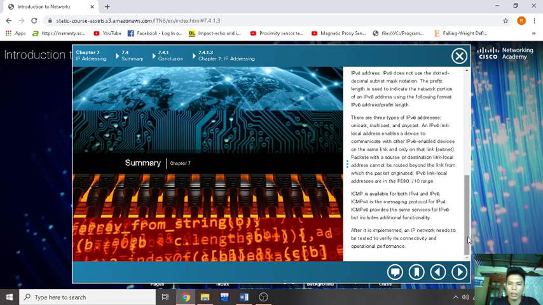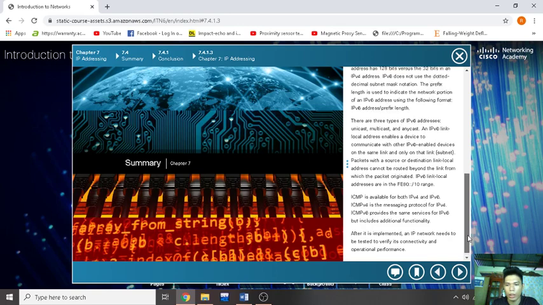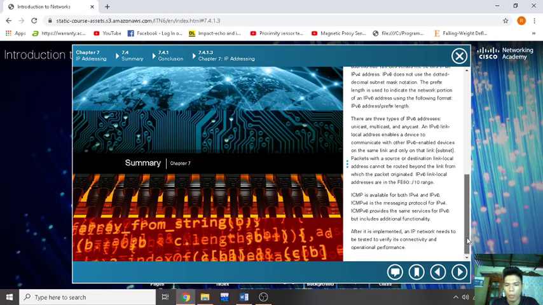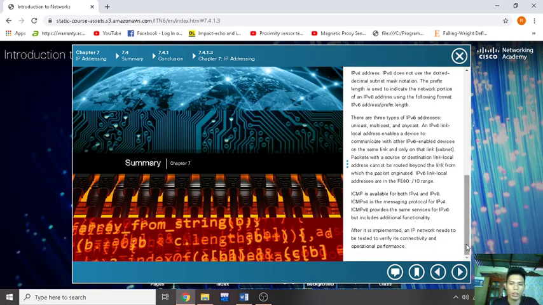There are three types of IPv6 addresses: unicast, multicast, and anycast. An IPv6 link-local address enables a device to communicate with other IPv6 devices on the same link and only on that link, or subnet. Packets with a source or destination link-local address cannot be routed beyond the link from which the packet originated. IPv6 link-local addresses are in the FE80 range.